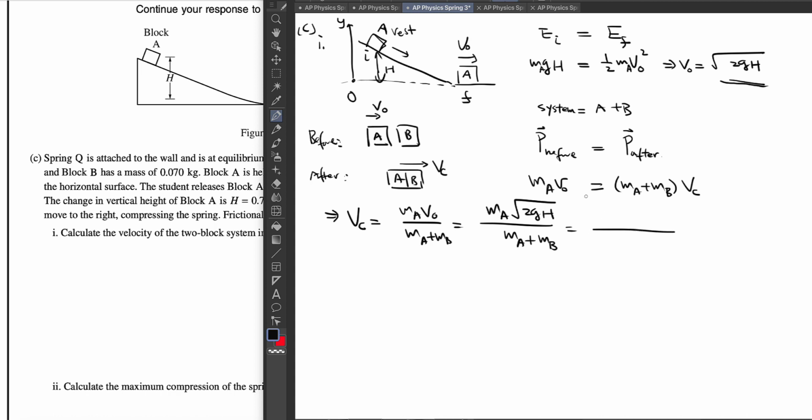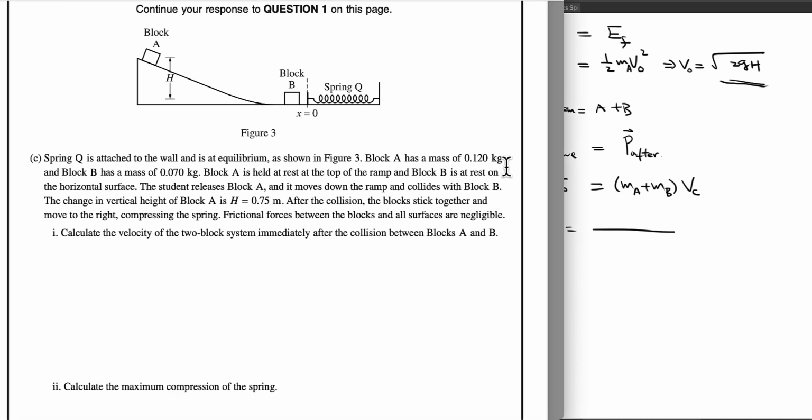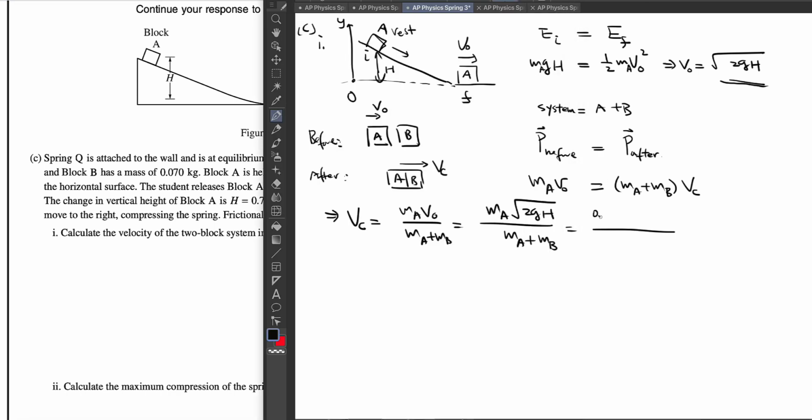So that equals. So MA from the question is 0.120. G is 9.8. H is 0.75. Okay, now MB, so MA, let's copy that.